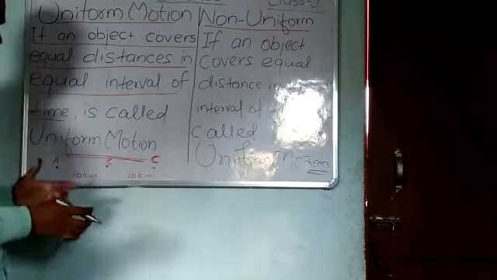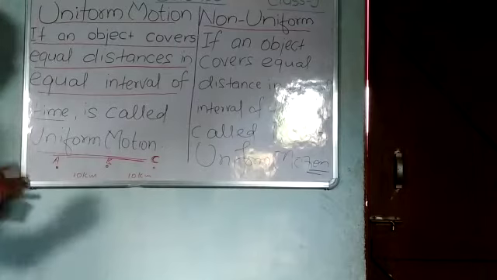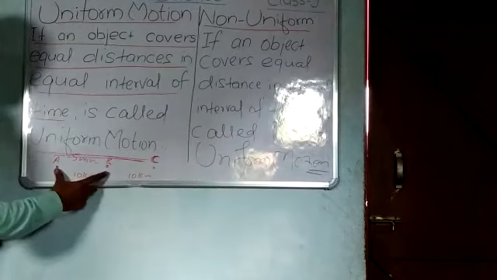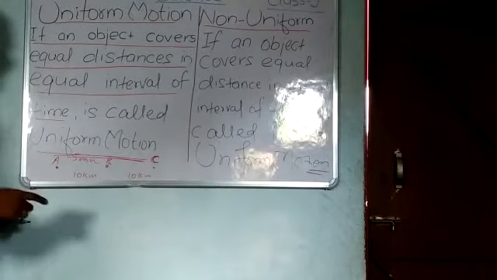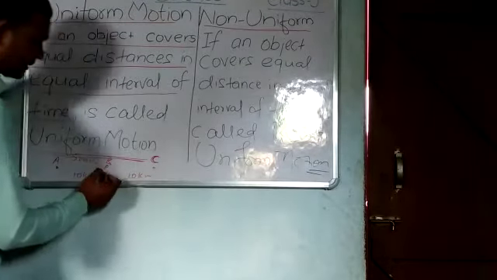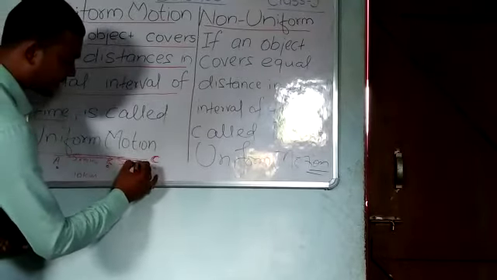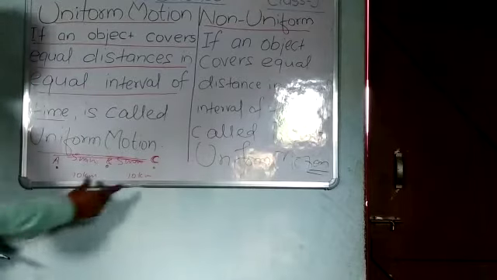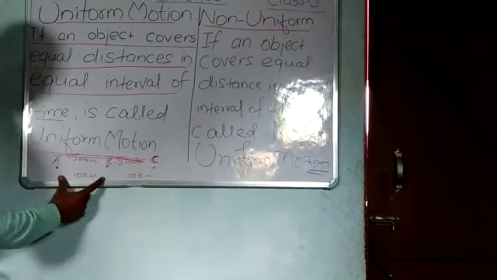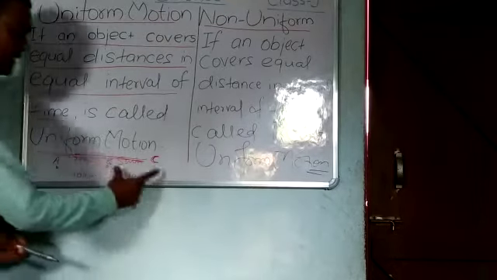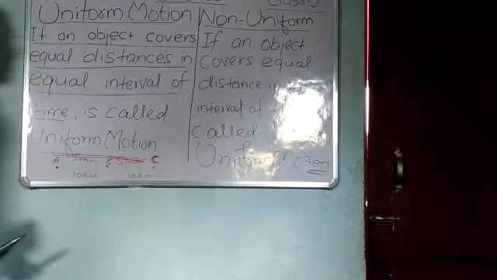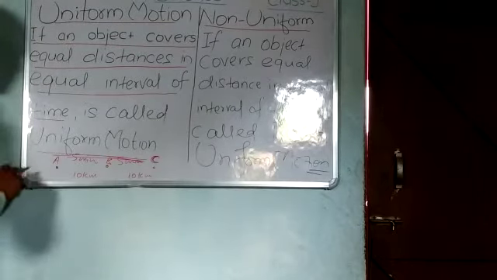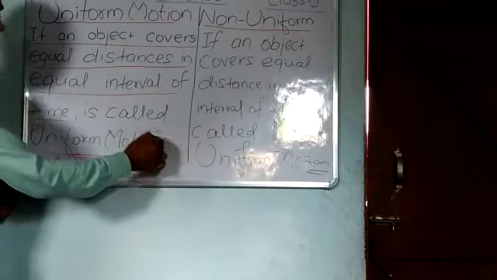If an object takes 5 minutes to cover A to B, and again that object takes the same 5 minutes in the next interval of distance, which is BC. So first 10 km in 5 minutes and second 10 km in 5 minutes. It means that the object is in uniform motion. Clear?